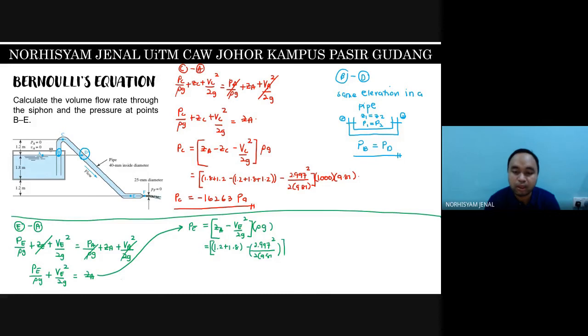Okay, and then multiply by rho 1000 times 9.81.